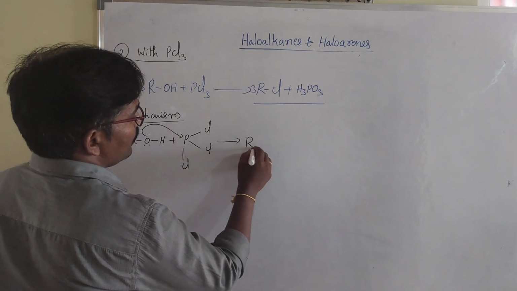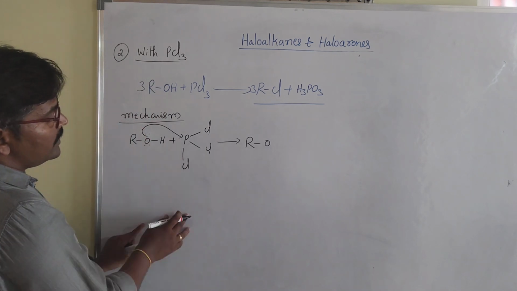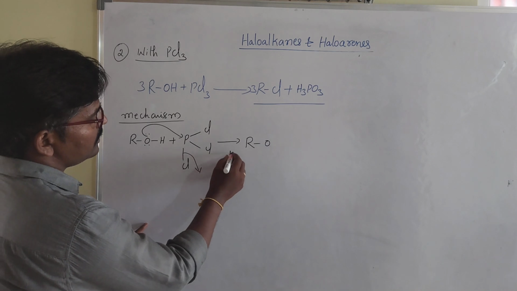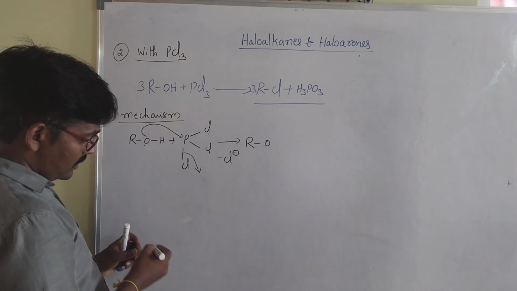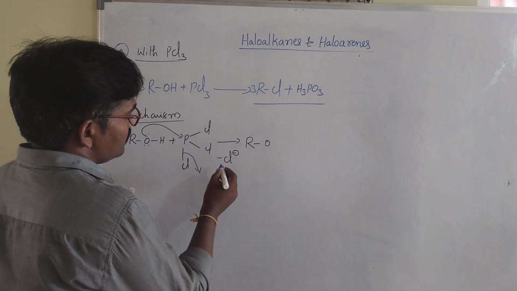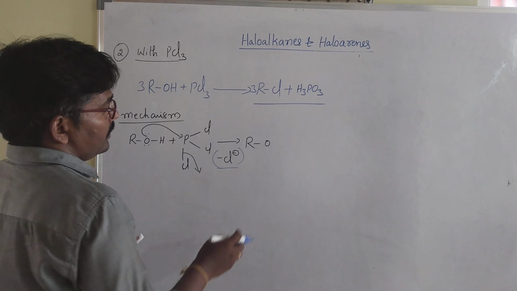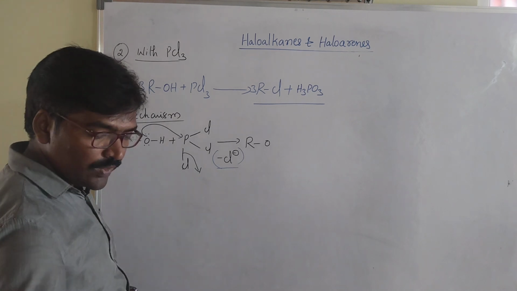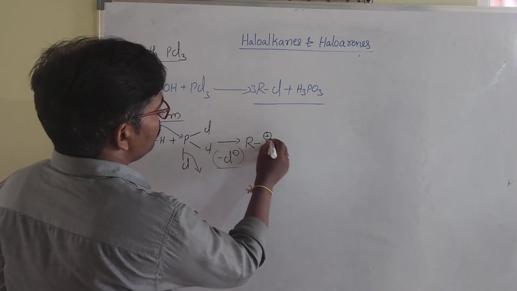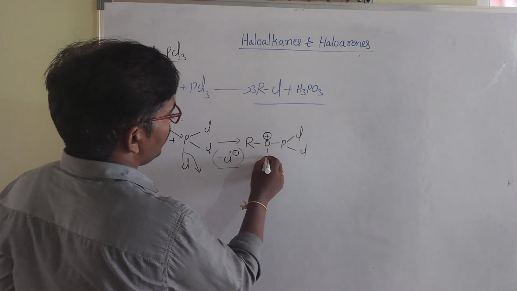Then R-O plus. So once it attacks, Cl minus will escape out. Cl minus will be there. Then if you observe the same thing, positive charge will be formed, then phosphorus is there, chlorine, then hydrogen is there like this.